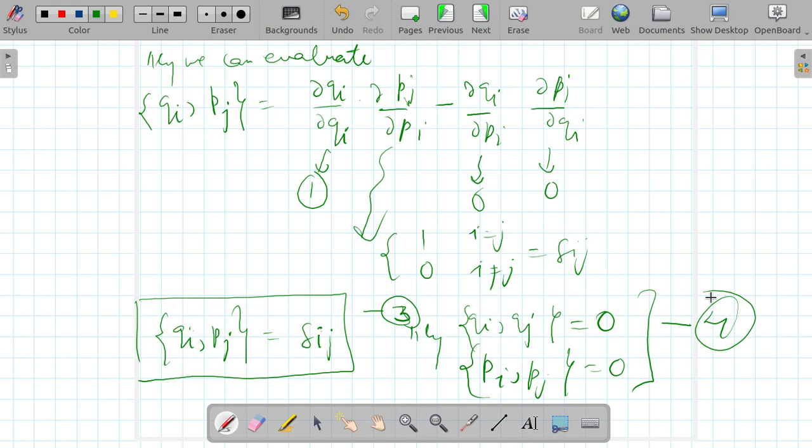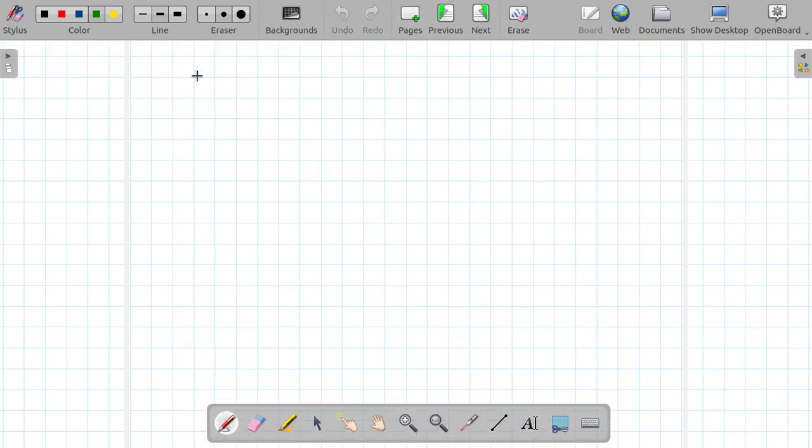Now let us recall Bohr's postulate and Bohr-Sommerfeld quantization.